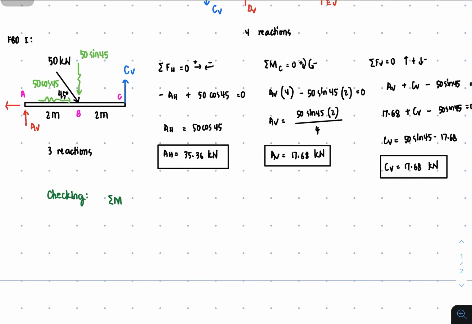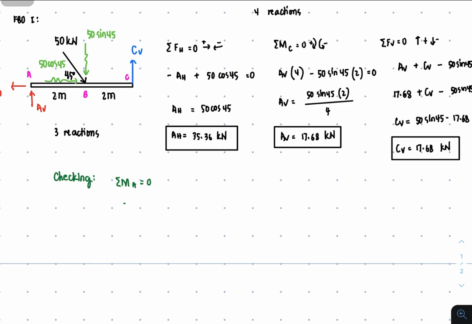Since we're done with summation of moment at point C, the next summation is at point A. So it's going to be negative CV times 4. It's negative because the force is upward and it's going to rotate about point A counterclockwise. Then plus 50 sine of 45 times 2. Why is it plus?